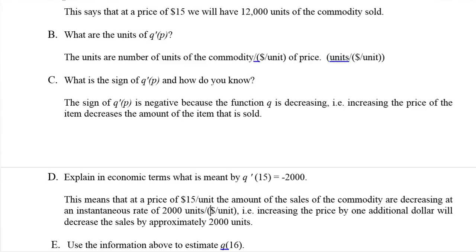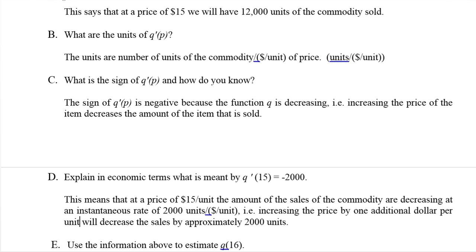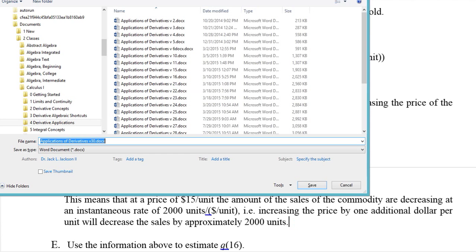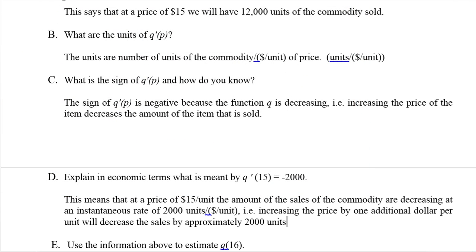So in other words, increasing the price by $1 additional per unit will decrease the sales by approximately 2,000 units. Or more precisely, we can increase the price by less than $1.